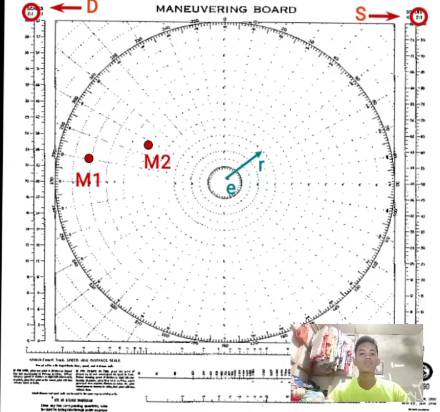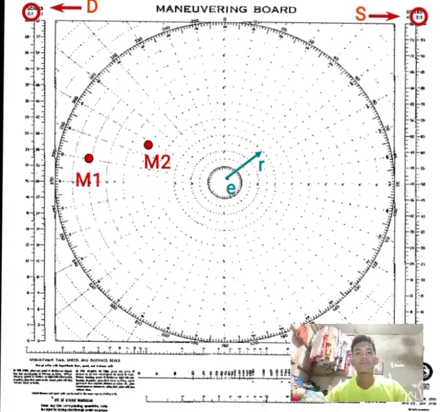So as you can see, the upper left side, which is the D, is the distance, and the upper right side is the S, which is the speed. So as we can see, we have the ER, which means the true course and the true speed.